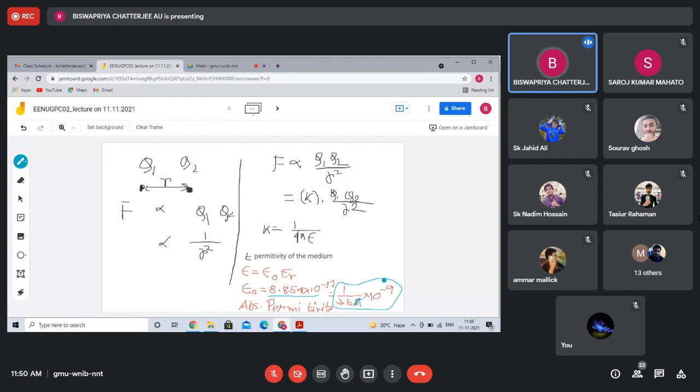The unit of epsilon naught is farad per meter.